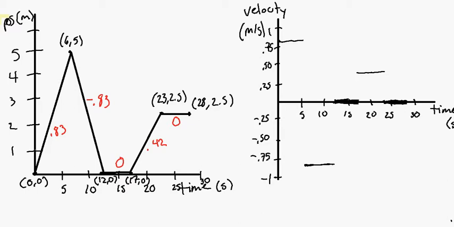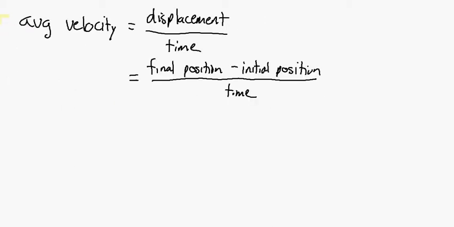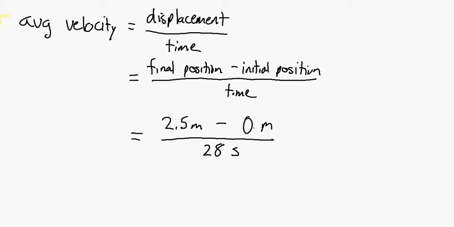So we can come back and plug those values into the equation. We said the final position was at the center of the whiteboard, which is 2.5 meters. We'll subtract the original position, the initial position, which we described as 0. And then we will divide this by time, which we said was 28 seconds. Dividing this out, we end up with about 0.089 as our value.